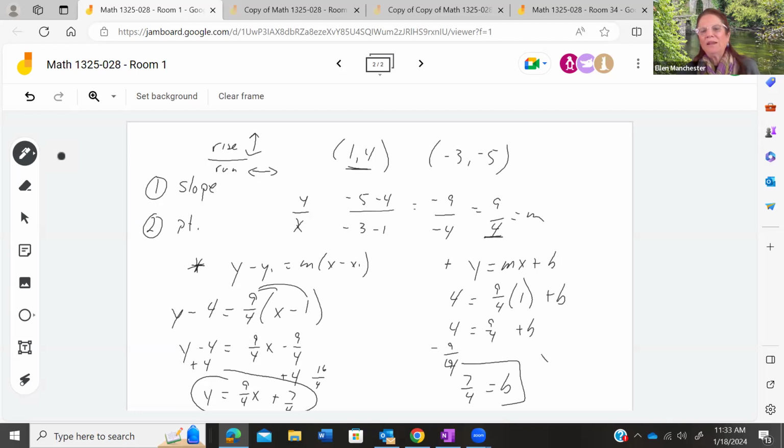But they forget that you have to plug it back into the formula. So you get the exact same answer. This just requires me to take it one more step. I have to plug my b back into my slope intercept format, where this one does it for me. I don't have to think about it. I have a slope, I have a point, I calculate it, I clean it up, and I'm good to go.